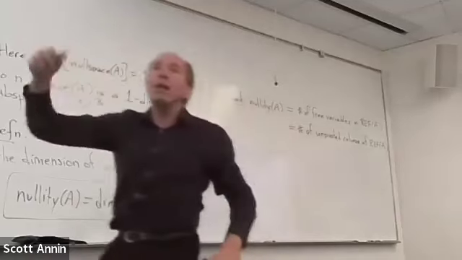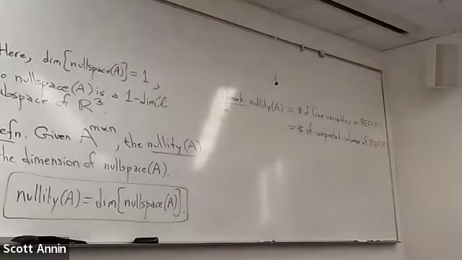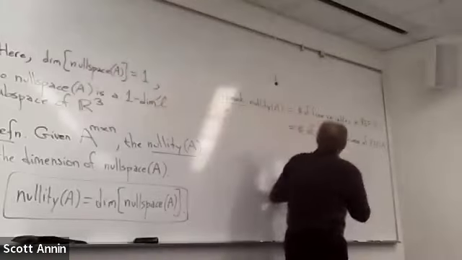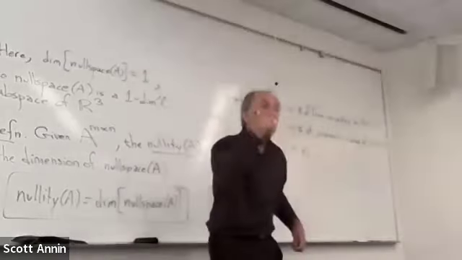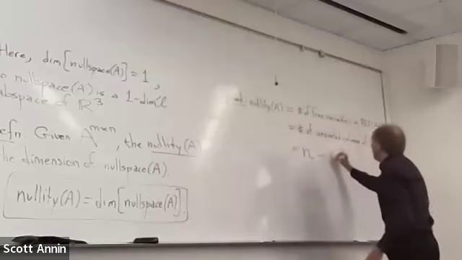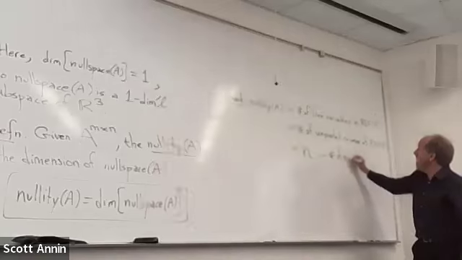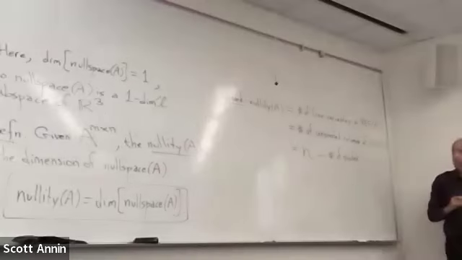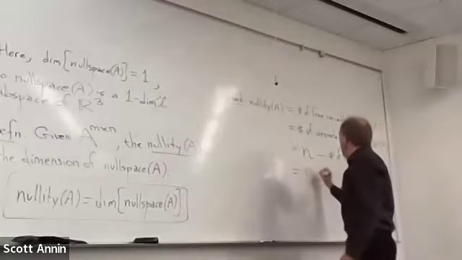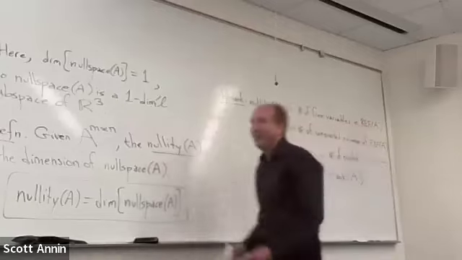The pivoted ones, when I count how many pivots I have, was there a name for that? The rank. It was the rank. The number of unpivoted columns would be all of the columns except for the pivoted ones, right? So I'm going to say n, which is the total number of columns, minus the number of pivoted columns of the row echelon form of A. And that is simply n minus the rank of A.